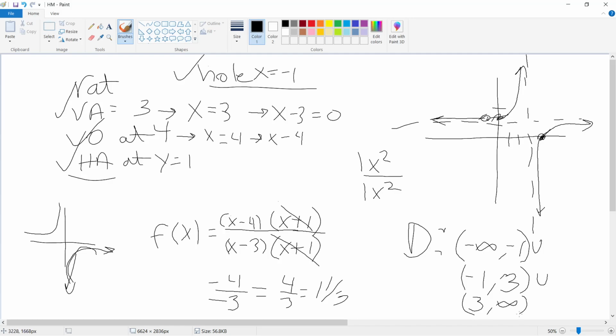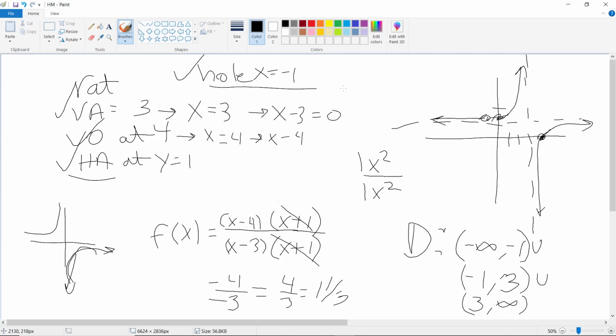So just as I move to the right on the number line, I have to make sure I include all those. And they're all curved brackets because negative 1 and 3 are not included. They're excluded. 3 is an asymptote. Negative 1 is the hole, the removable discontinuity.